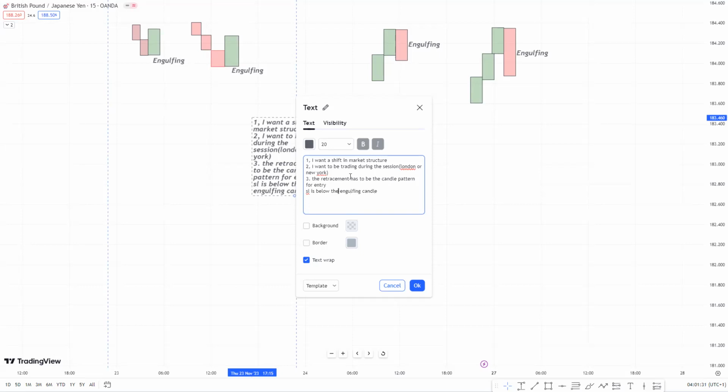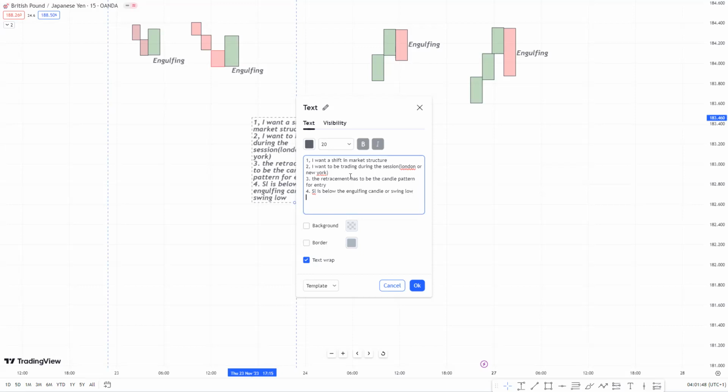Rule number 4: stop loss is below the engulfing candle and or swing low.